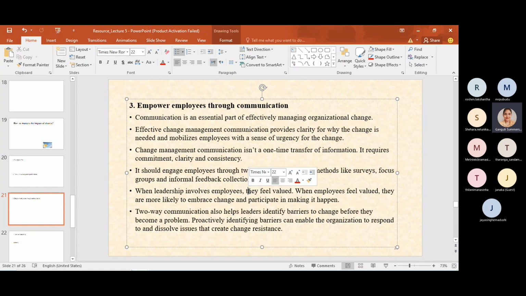With better organizational performance, there are so many things that you can get in return. You can increase your customer base, you can gain more income, gain more profits, gain reputation in the society. Employee empowerment leads to all these things. So it is very important for the managers and the leaders to communicate consistently with their employees and empower them.